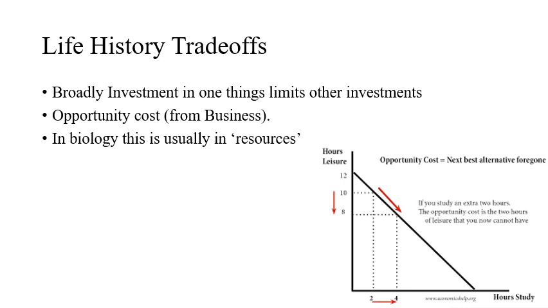There's this concept in business called opportunity cost. The basic idea is if you have $100, right, you can put it in company A or company B, right? And you decide to go with company A. Then whatever you would have gotten from company B is what's known as your opportunity cost, right? Because by putting all your money in company A, you lost any opportunity from company B, okay?